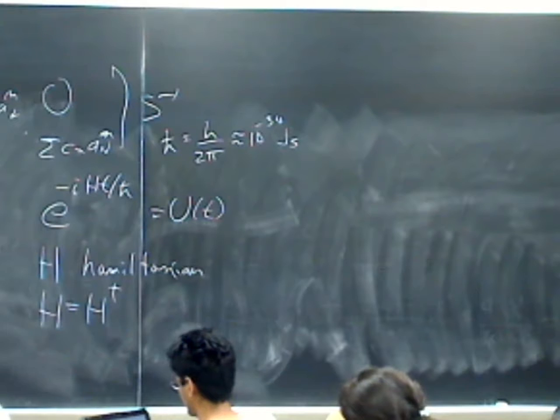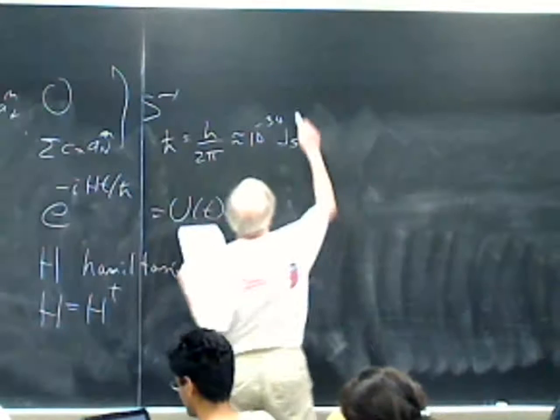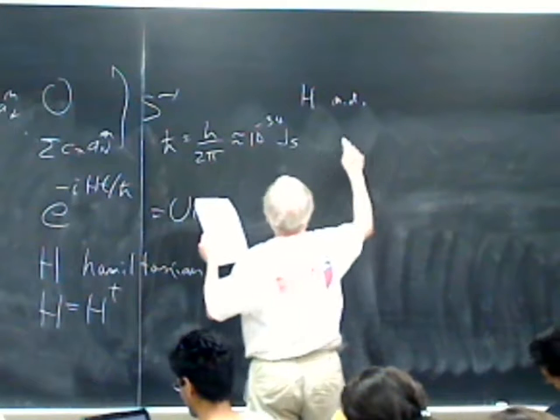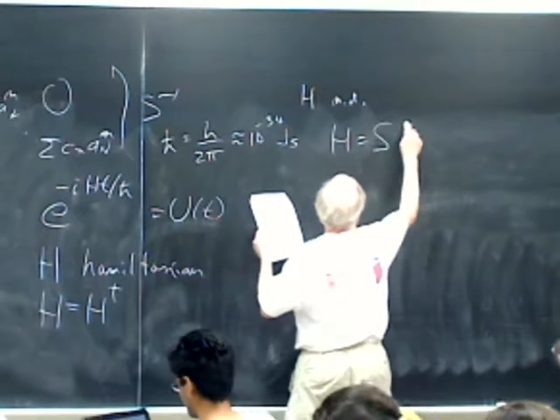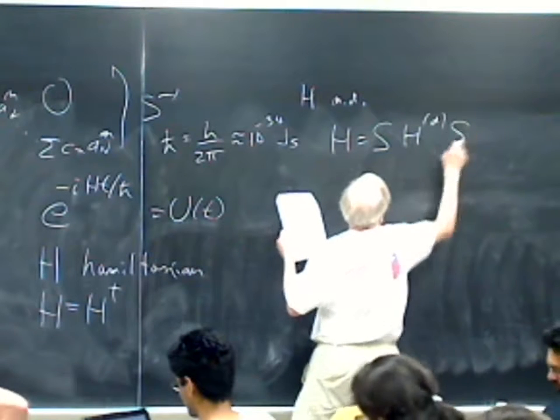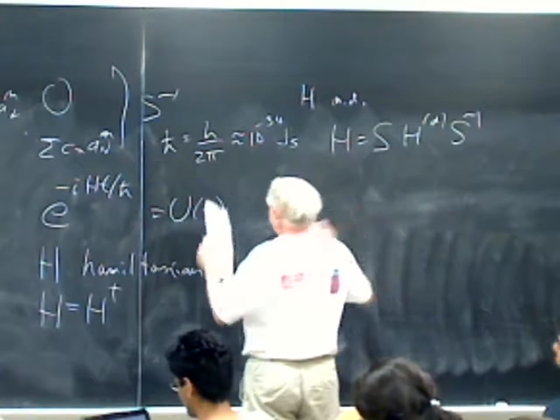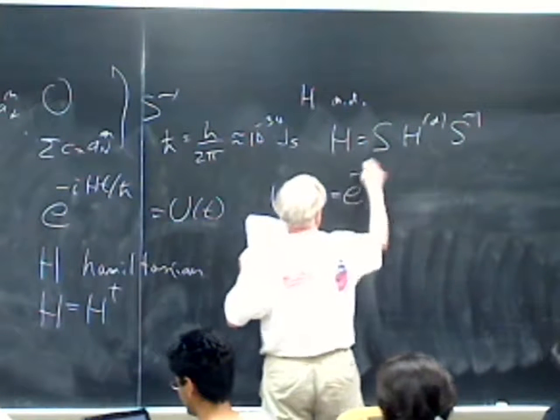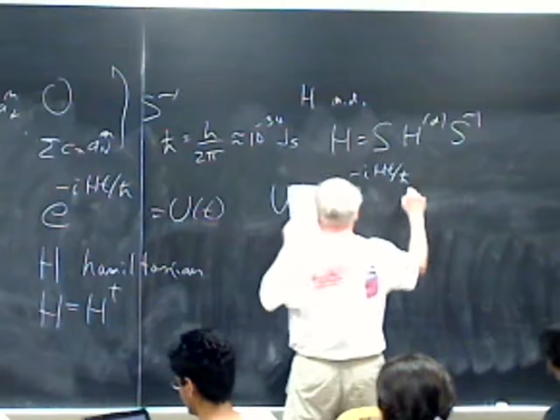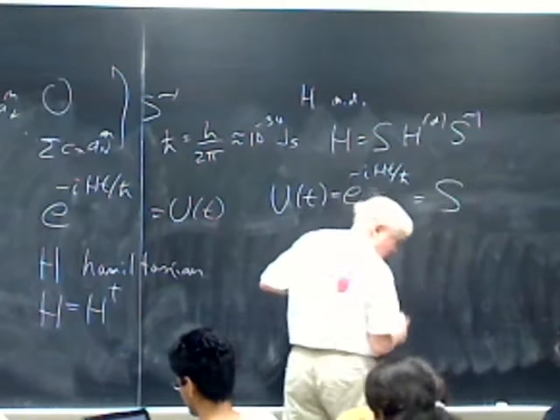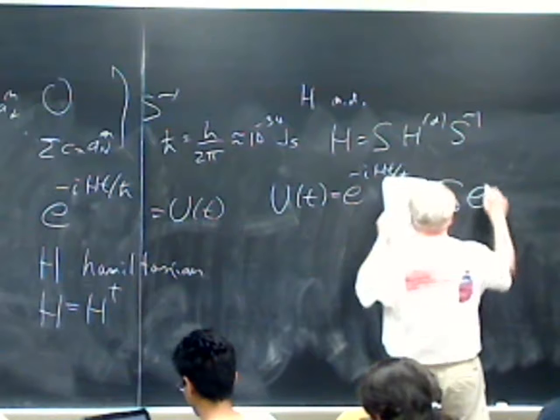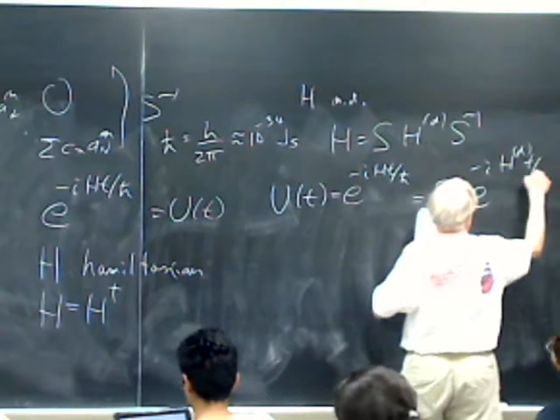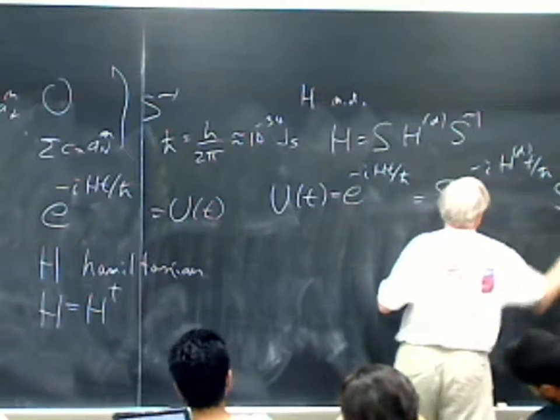Since it's non-defective, it can be diagonalized by a similarity transformation. And so the time evolution operator, U of t, which is e to the minus i H t over h bar, is then the similarity transformation e to the minus i H diagonal t over h bar, S inverse.